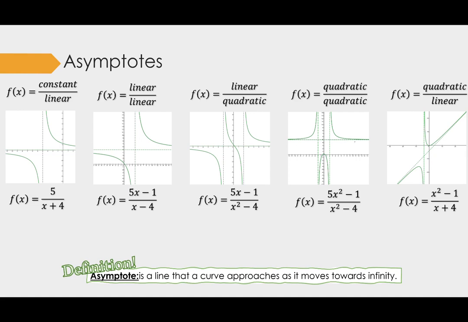So for example, as x gets bigger and bigger, this function here gets closer and closer to that horizontal asymptote at positive 5. Or if we look at one of these vertical ones, as y gets closer to infinity, this gets closer and closer to the line x equals negative 2.